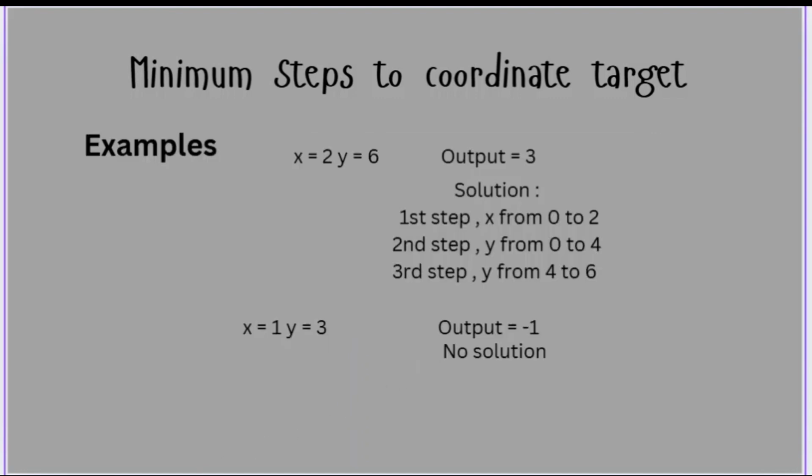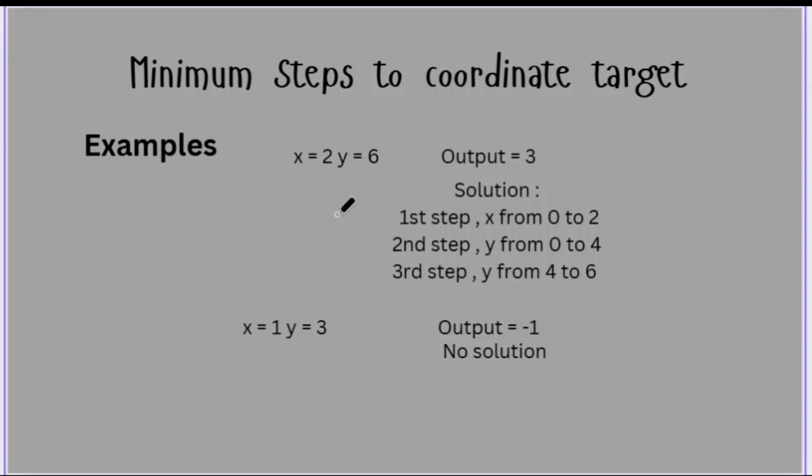So the approach is simple. First, we check whether the given coordinate is even or odd. If it is odd, we return -1. If it is even, we divide the coordinate by 4, and the quotient will be the answer. If it is perfectly divisible by 4, we can directly return the answer, or else we further divide by 2, which gives 1.